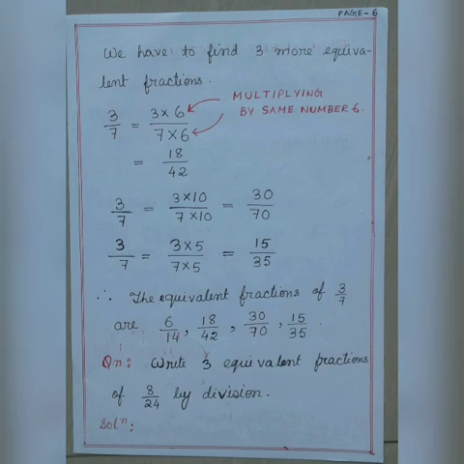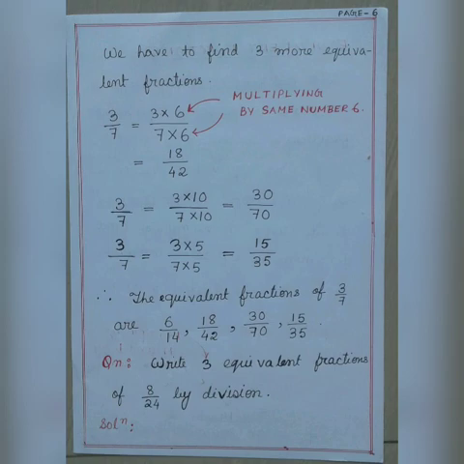The next equivalent fraction, I have multiplied both the numerator and denominator by 10. So 3 into 10 divided by 7 into 10 is equal to 30 by 70. Then again 3 by 7 equal to 3 into 5 divided by 7 into 5, which is equal to 15 by 35.